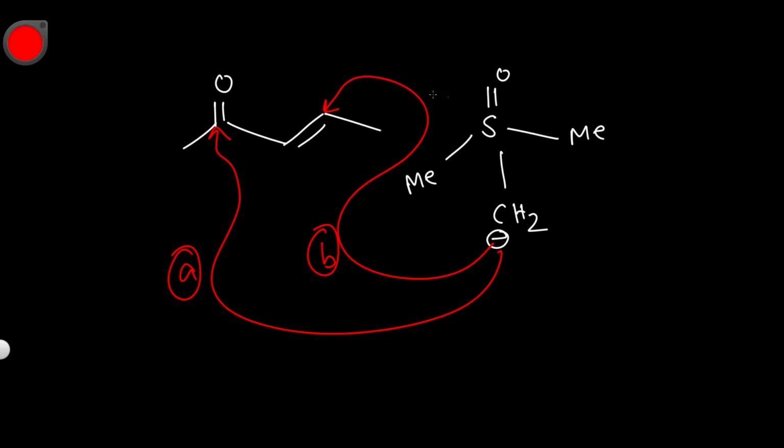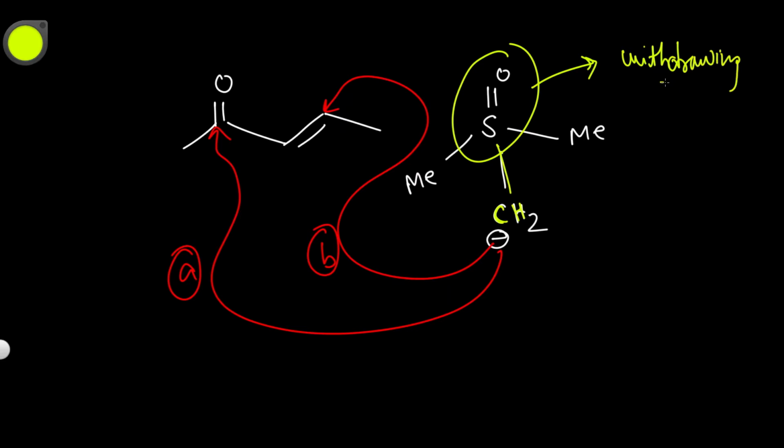So basically, you see here that this S double bond O group is attached to this CH2 minus, and this will work as a withdrawing group. It means it will withdraw the electron density from this position, from this CH2 minus.